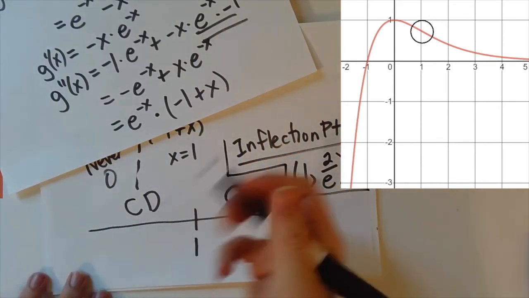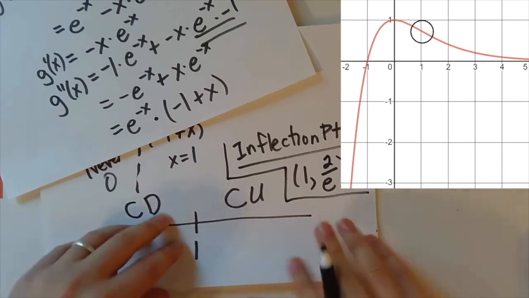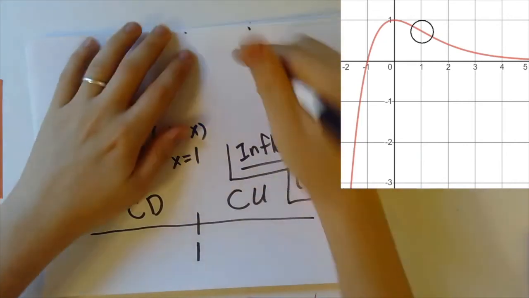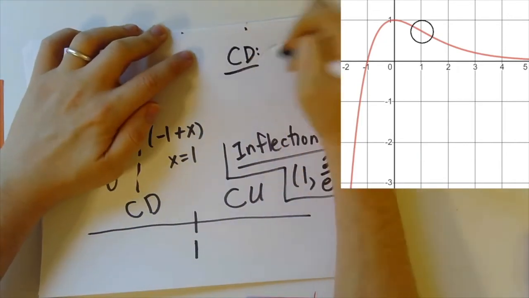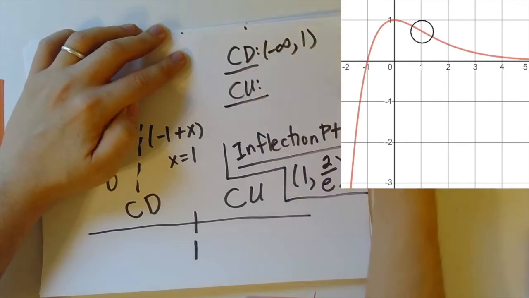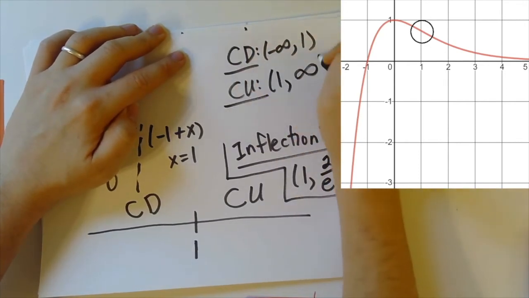And if we want to write, okay, so where is it concave down? It is concave down on minus infinity to 1, and it is concave up on 1 out to infinity.